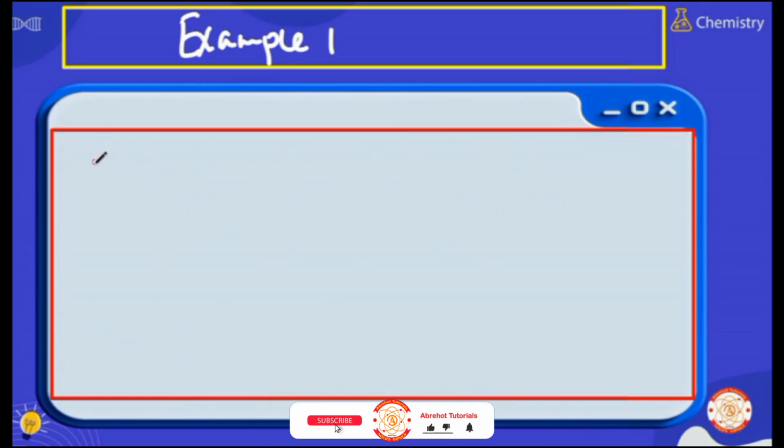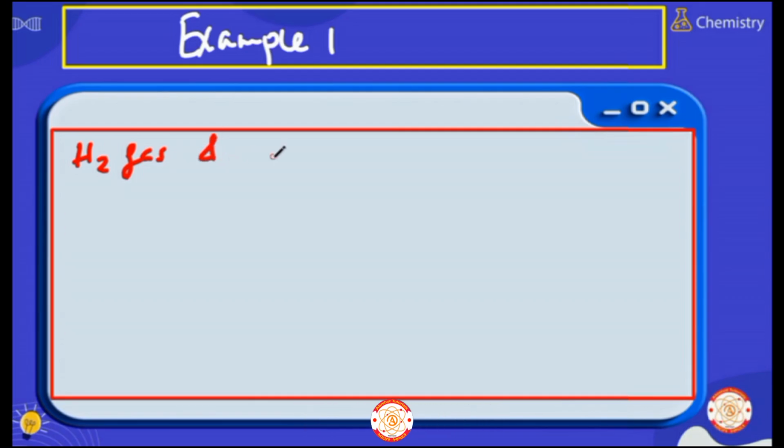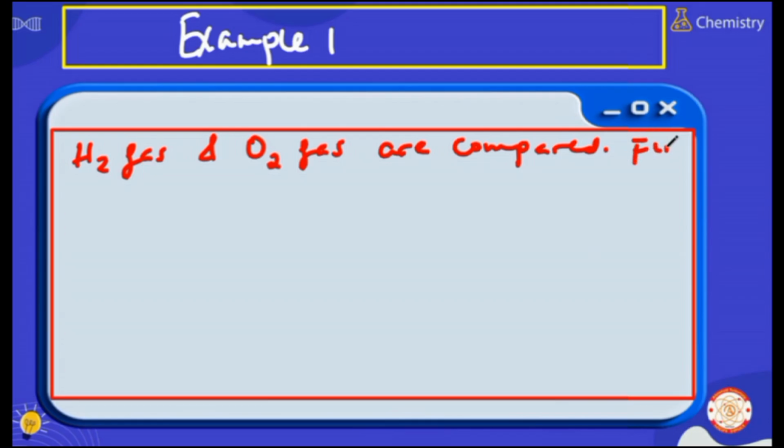Right. So question number 1, example 1. Hydrogen gas and oxygen gas are compared. Find the ratio of the diffusion rate.